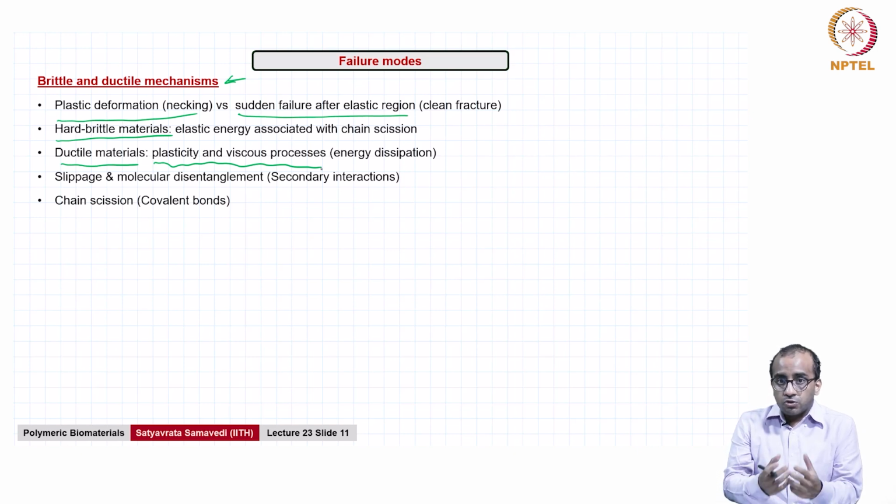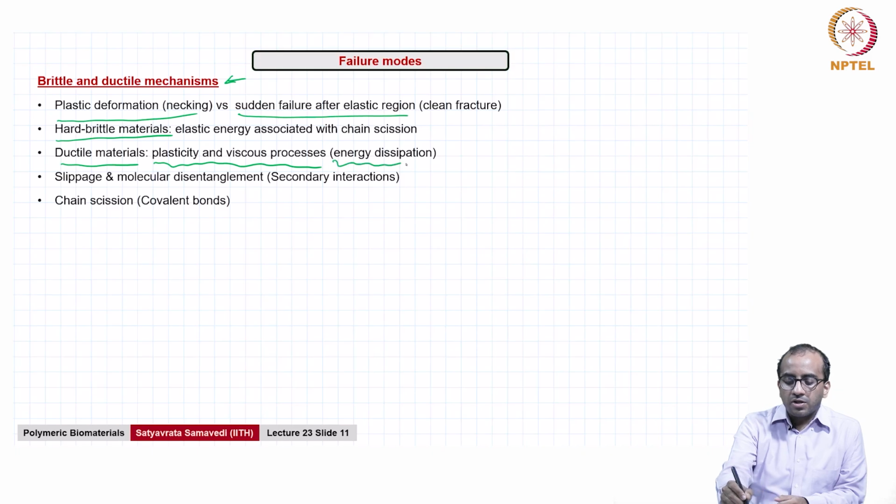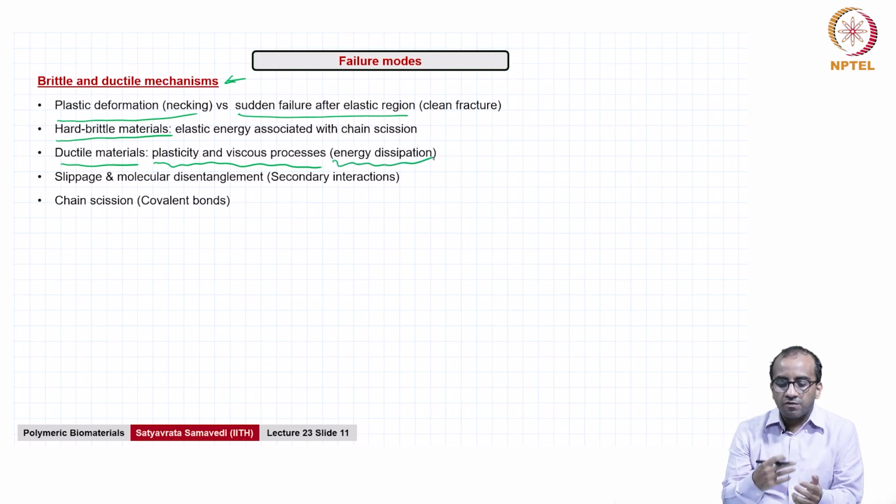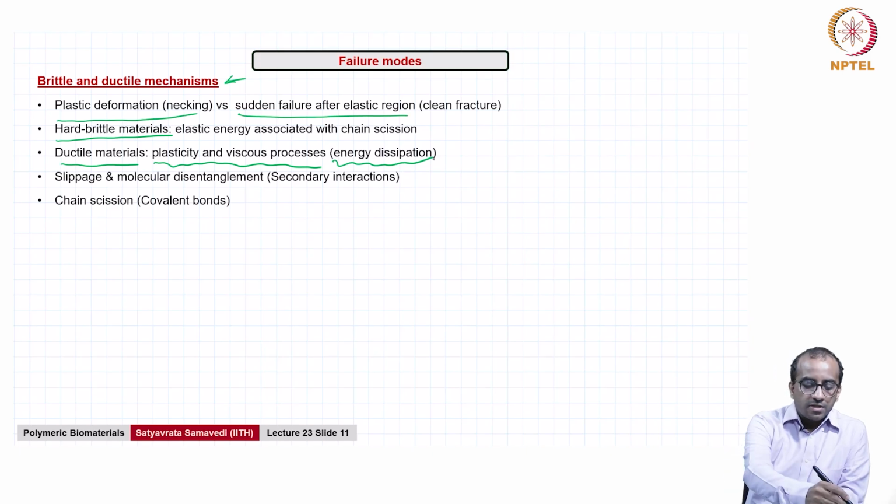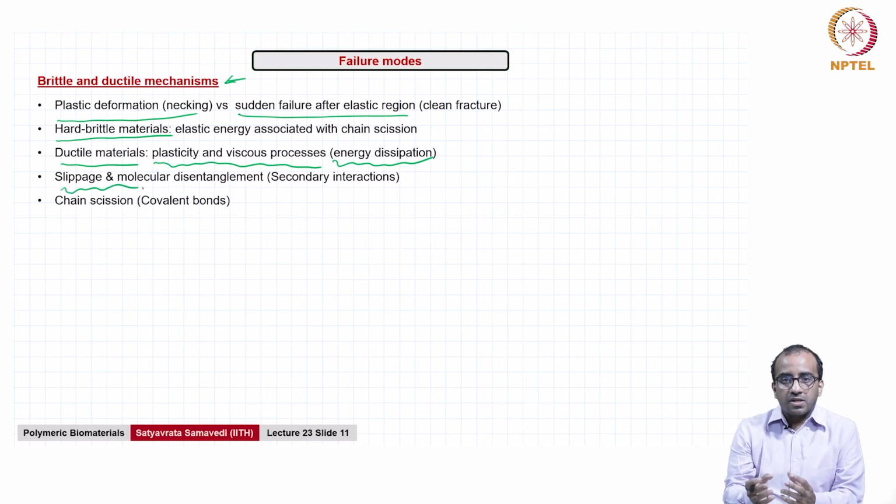Elasticity is the ability to store energy. Here we are talking about energy dissipation in the form of viscous processes. In such materials you also have slippage and molecular disentanglement occurring from secondary interactions, and of course at failure you will have chain scission leading to snapping of covalent bonds.